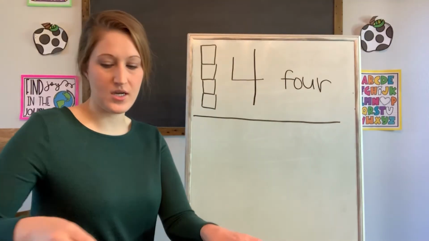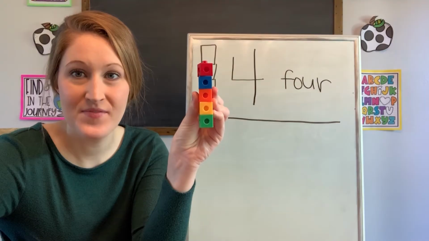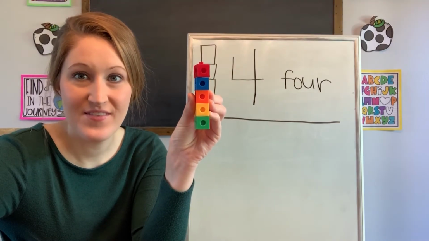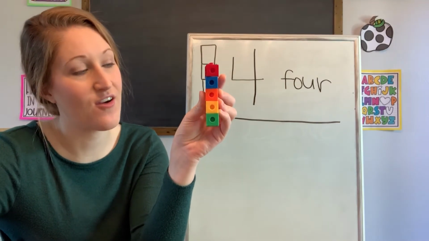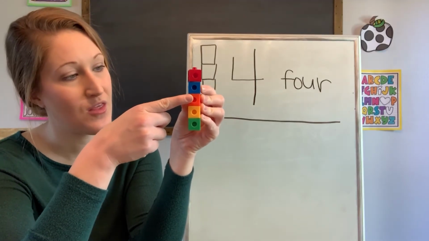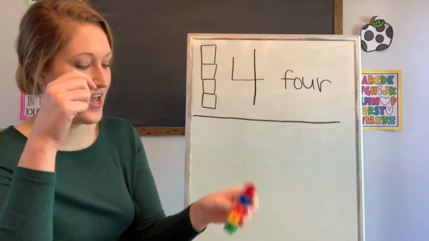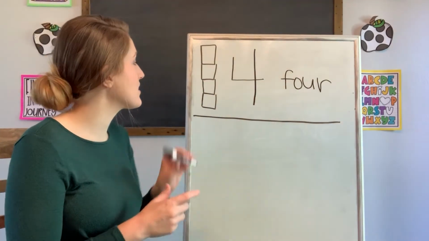How many objects do you see in this set? Very good. There are 5 objects. 1, 2, 3, 4, 5. Excellent job. So we can write the number 5.